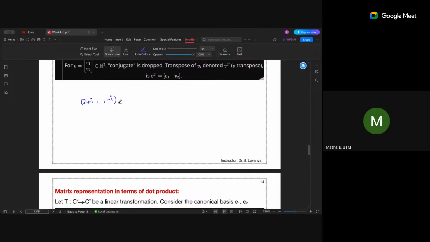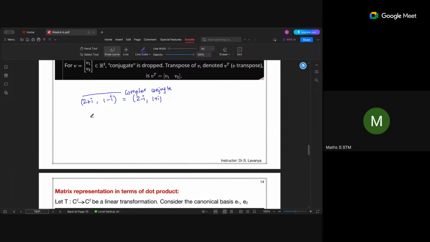What is the complex conjugate of this vector? If I take the whole bar, what is the answer? 2 minus I and 1 plus I. Exactly.